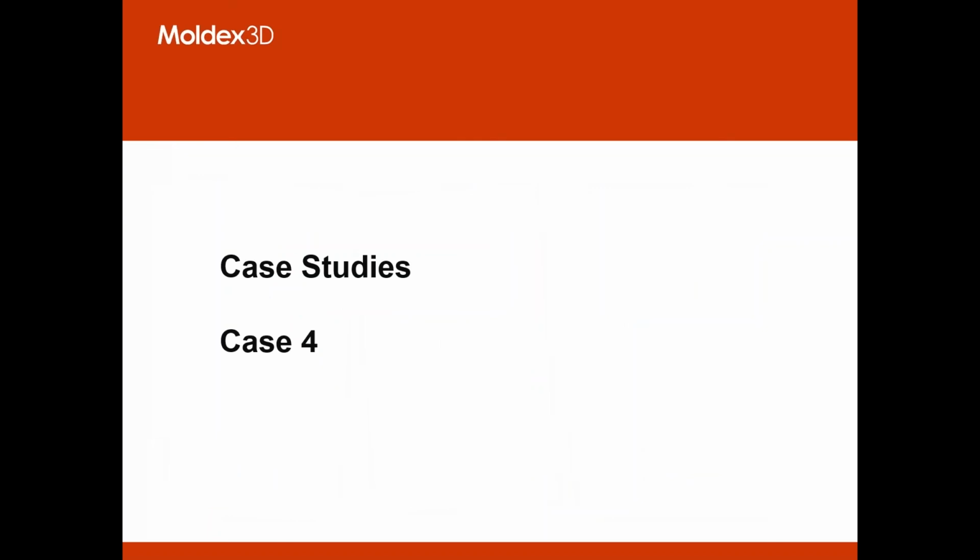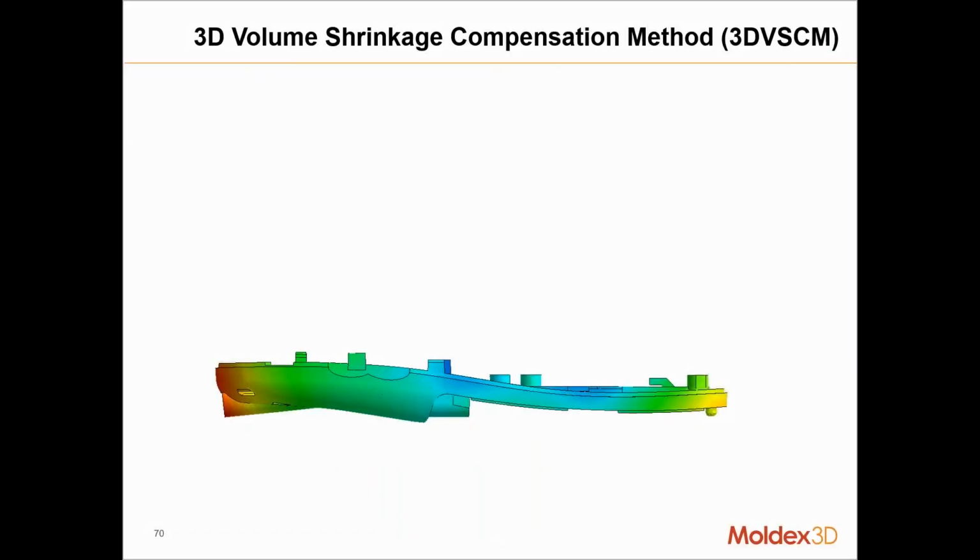Now, the final case study that I quickly want to share with you is less of a case study and more of a workflow as to how you would go about applying shrinkage compensation to your design, and get a good design out of your simulation process.